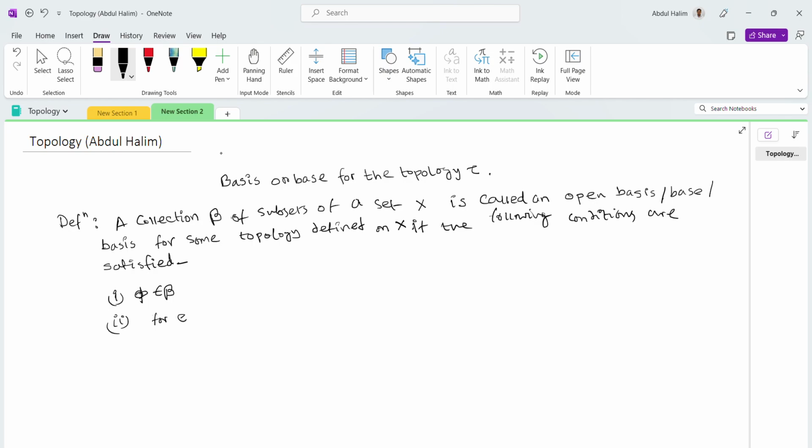Number 2, for each element x belonging to the set X, there exists an open set B belonging to the collection beta such that x belongs to the open set B. That is, the set X can be written with the collection beta.